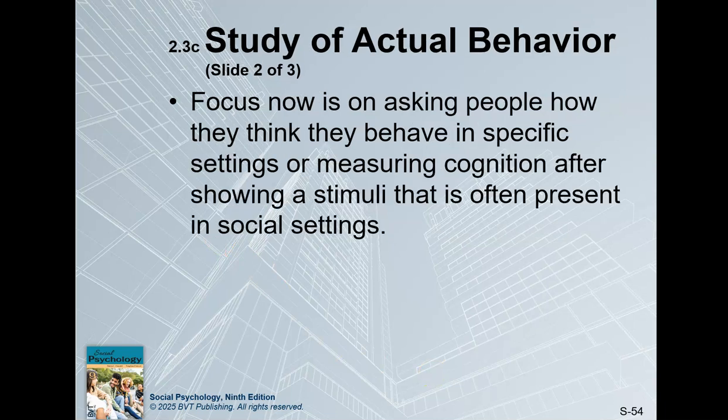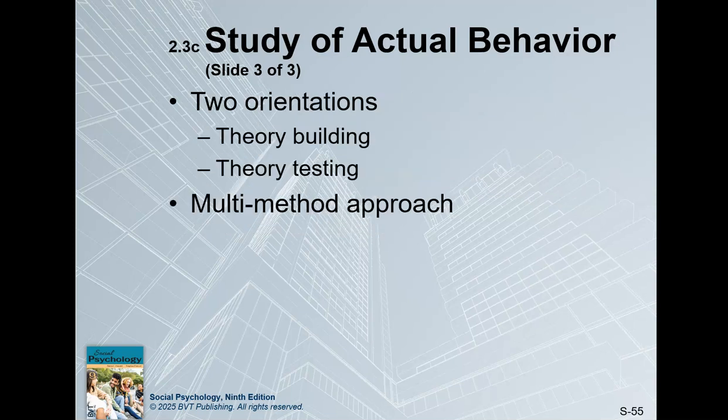So the focus now, since social psychology has evolved, is asking people how they think, how they behave in specific settings, or measuring their cognition, which means mental processes, after showing a stimuli that's often present in social settings.